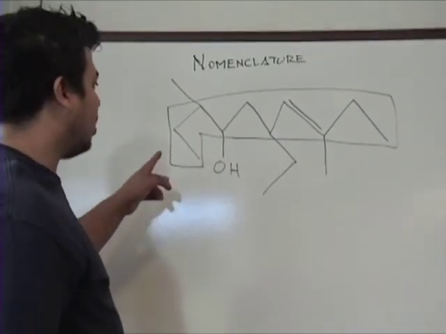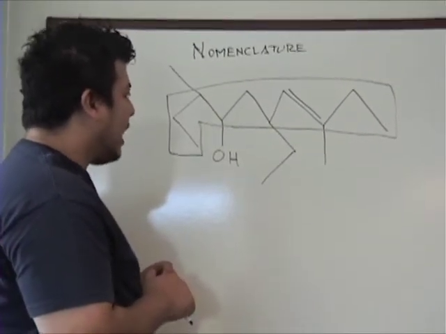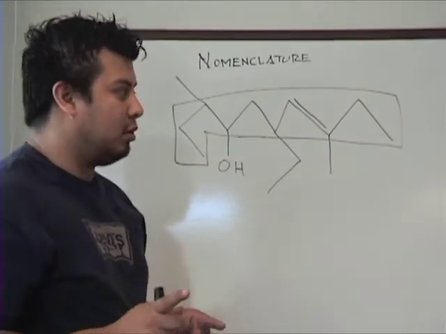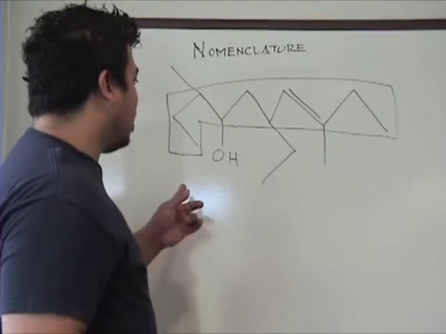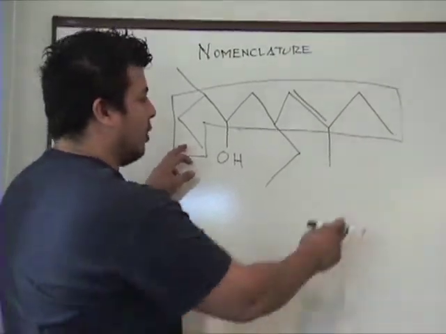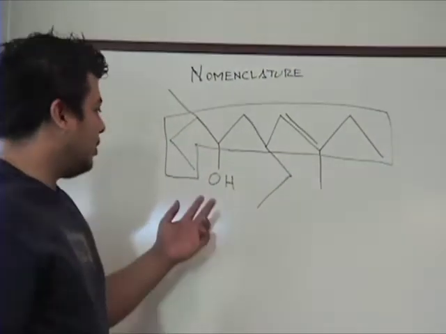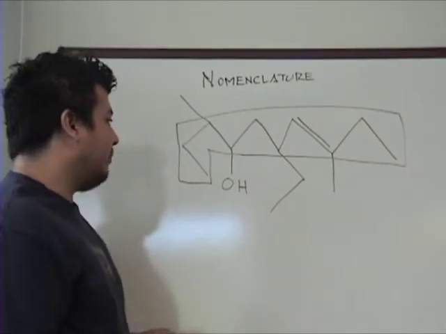There you go. So that's my parent chain. Now I have to count, and to count we're going to start from either one of the ends, to give the functional group the lowest possible number.